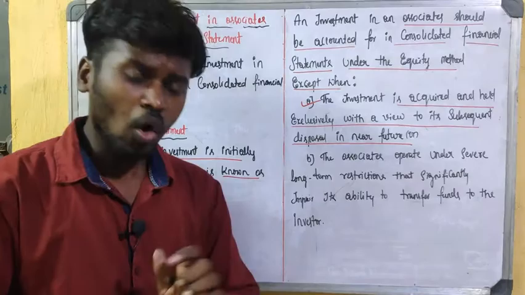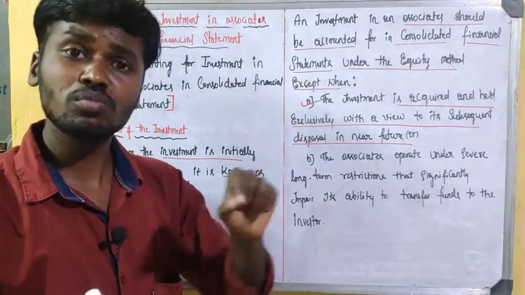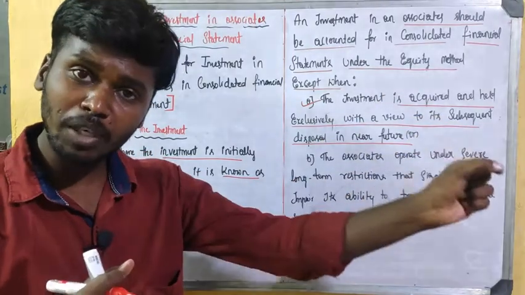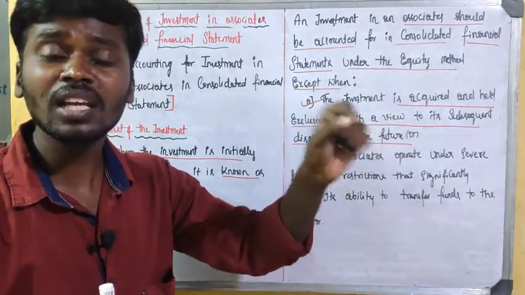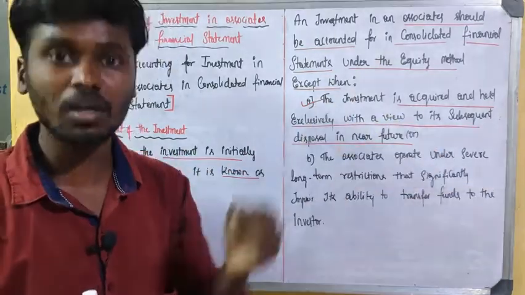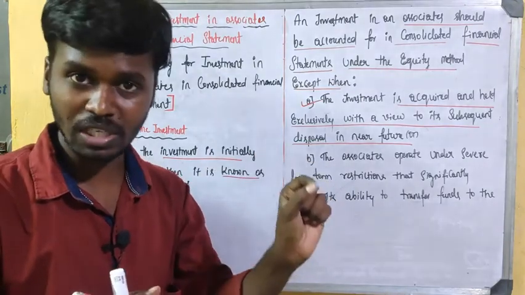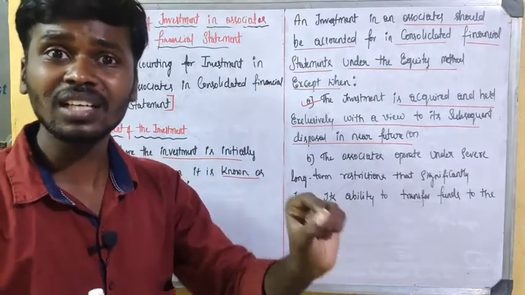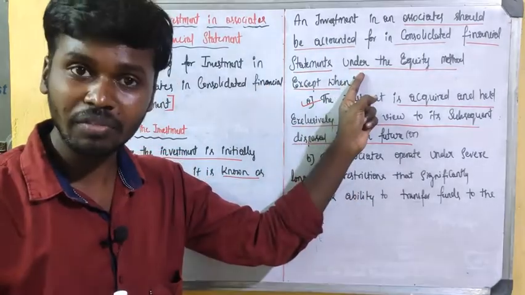See, the holding company decided to invest in another company, that is more than 20% but less than 50%, then that company will be called an associate company, with the intention that in future I may dispose of or sell it. So in that situation, we are not going to consider it as an investment in associate while preparing the consolidated financial statement.